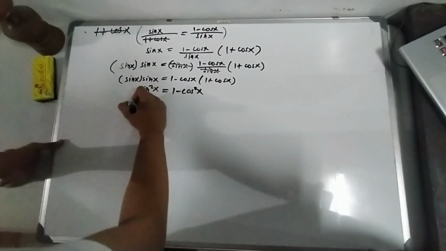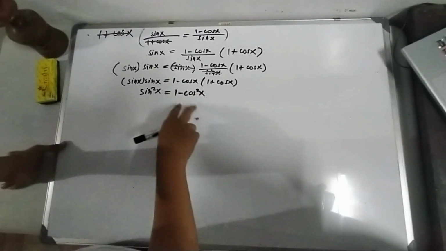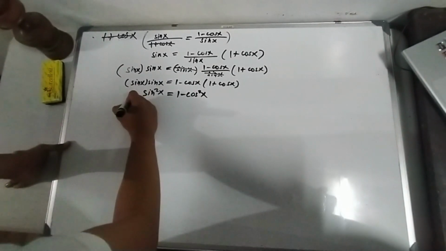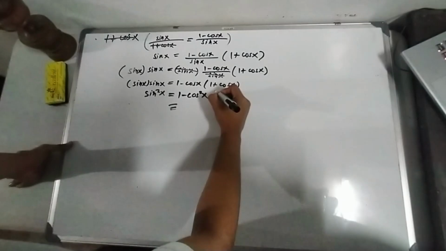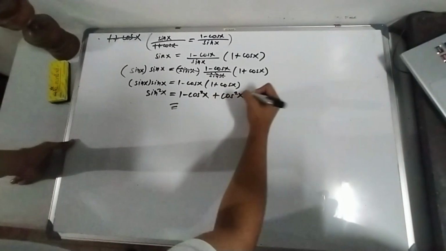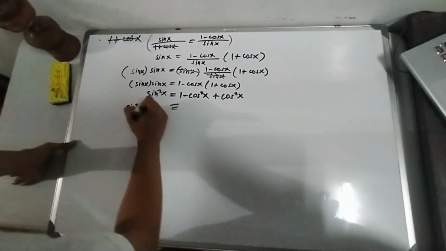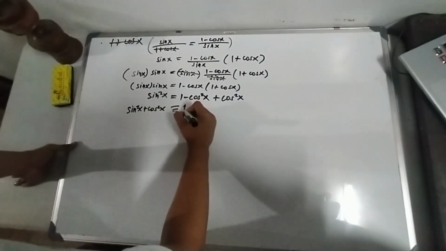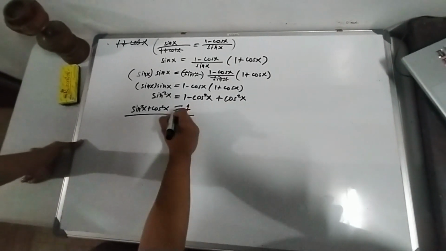So what we're gonna do here is add positive cos squared x to both sides. So plus cos squared x, and right here sine squared x plus cos squared x is 1. So now we have the Pythagorean identity.